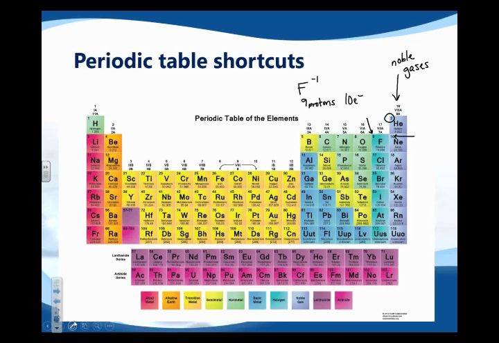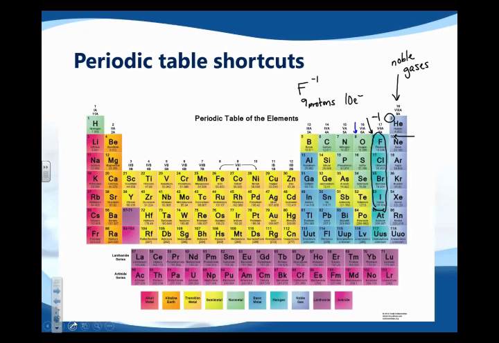What's handy about the periodic table is all of the halogens, let's leave out astatine for now, fluorine through iodine, have a -1 charge. If we back up 1 to oxygen, we see oxygen has 8 electrons to begin with. It wants to be like the nearest noble gas, who is also neon. Sorry, helium's too far away.